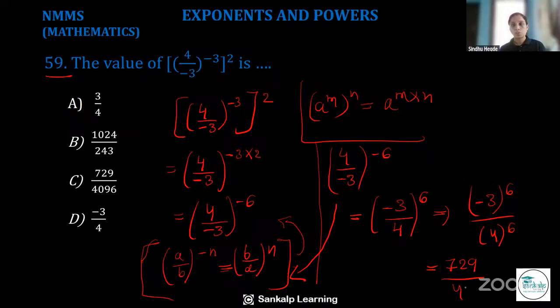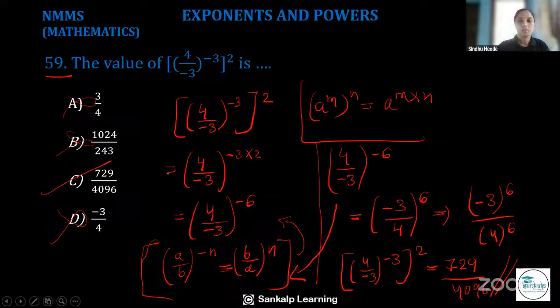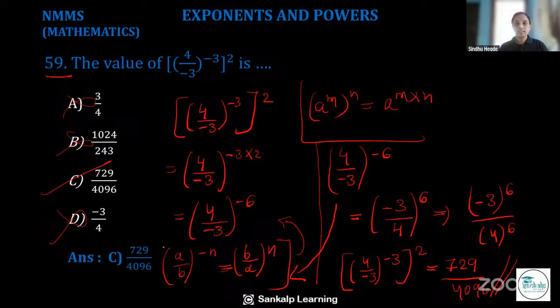We get 4096. This is the answer for the given question, that is 4 by minus 3 whole raised to minus 3, whole to the power 2. The answer is 729 by 4096. So option C is the correct answer. Remaining all are wrong. Thank you.